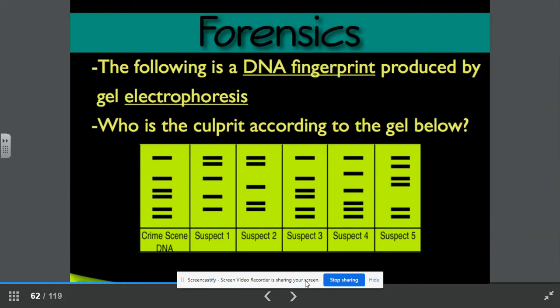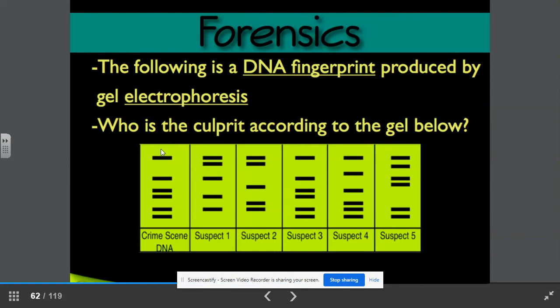Who do you think is the culprit, or should I say, whose DNA was found at the crime scene, according to the gel below? So if this is the DNA that was found at the crime scene, let's look at that for a minute. We have a single band, a single band, a double band, and a double band.